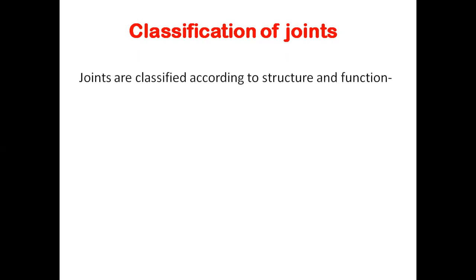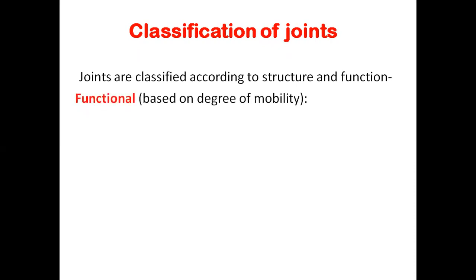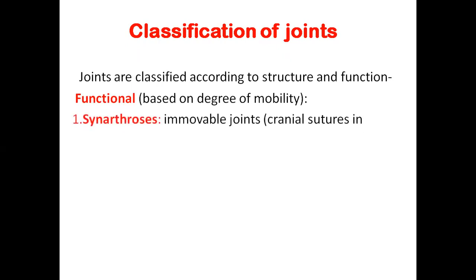Our next topic is the classification of the joints. In this slide, we should know how the joints are classified. Basically, the joints are classified on the basis of the function of the joint and on the basis of the structure of the joint.